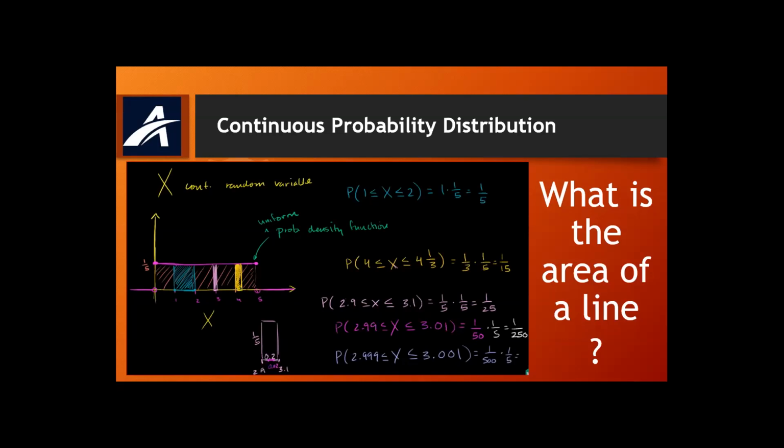If you take the difference, 4 1/3 minus 4, you get 1/3. The distance between here and here is 1/3, and the height is 1/5. So the area becomes 1/15.